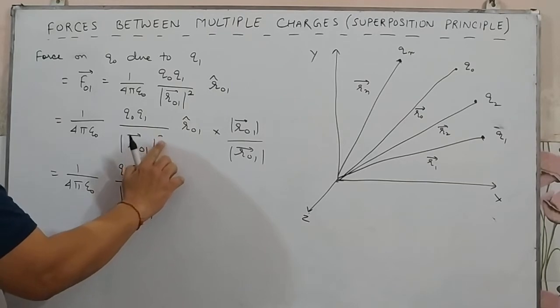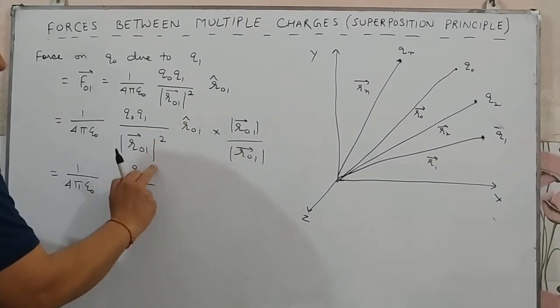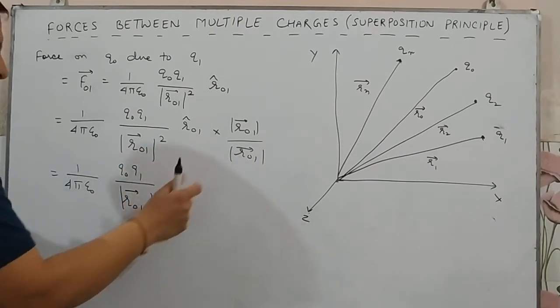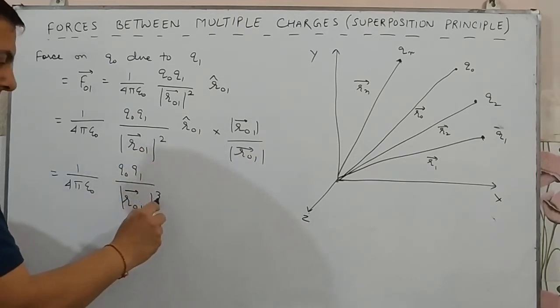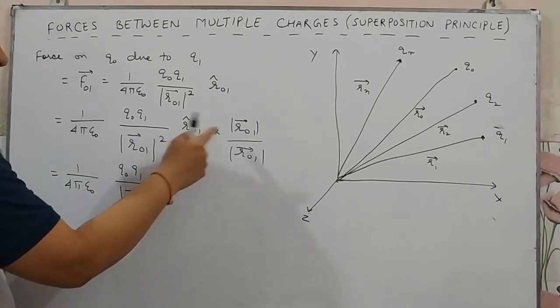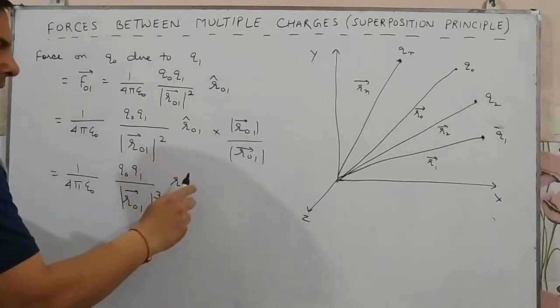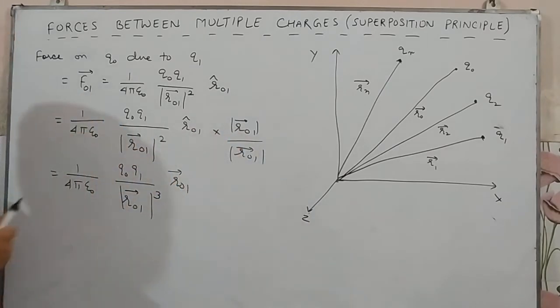Sorry, I made a mistake here. It should be cube, because this is a square multiplied again with one other factor. So we have cube here. Then we have the r01 vector multiplied with it; this is the direction, this is the magnitude, both multiplied together to form a complete vector.